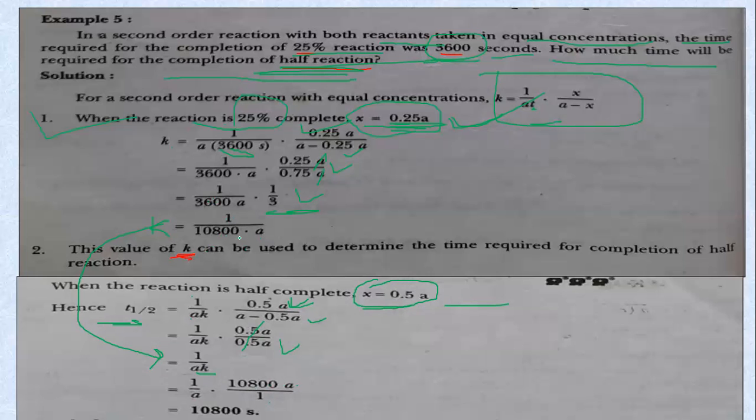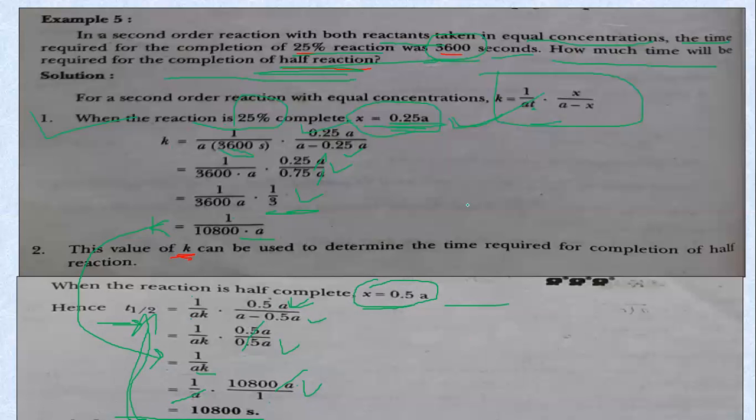So 1 upon A, you are putting that value, and what you are getting is the value of T1 half. See here, A gets cancelled. So this is the time required to complete the half reaction, or the half time of the reaction, T1 half.